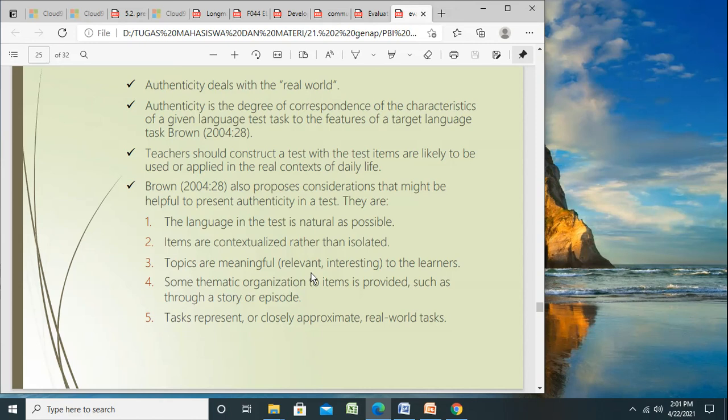And then there are so many elements in my hero, for example the character, the experience, and also the grammar and the pronunciation. It talks thematically. And then authentic means to represent, closely approximate, real world tasks, ya.